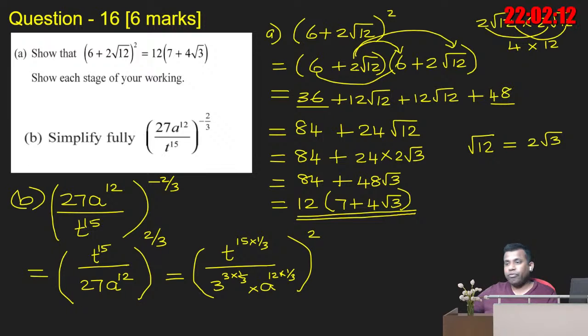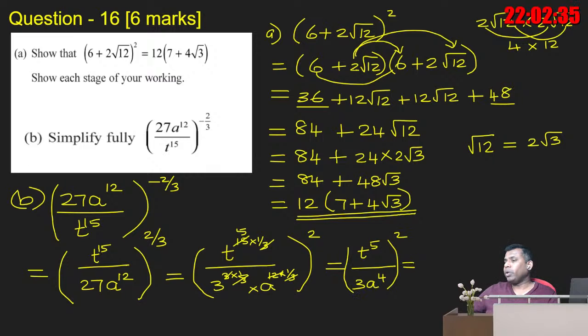So now the final answer: 3 times 1/3 is 1 for the 3s, so t to the power 5 over, this 3 and 3 cancel so 3, and a to the power 12 times 1/3 is a to the power 4, all to the power 2.